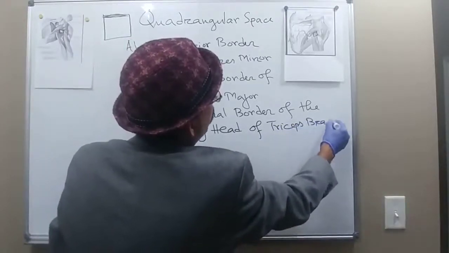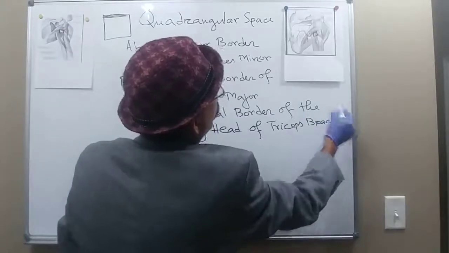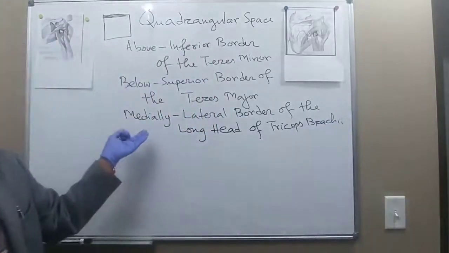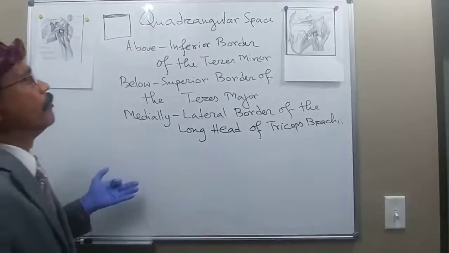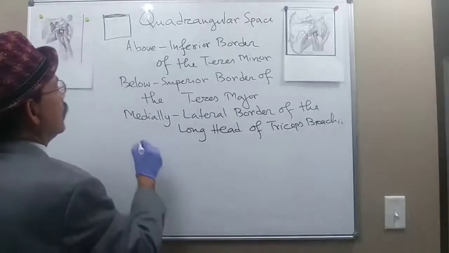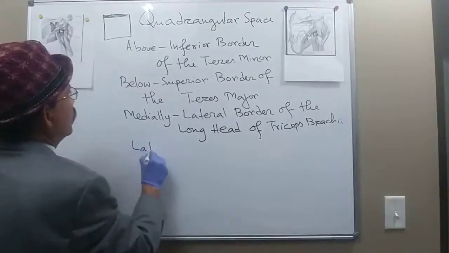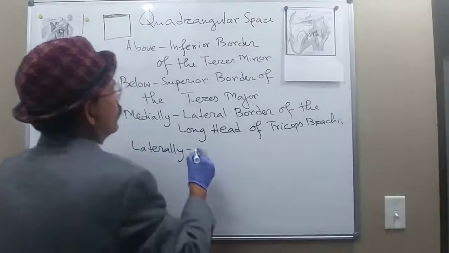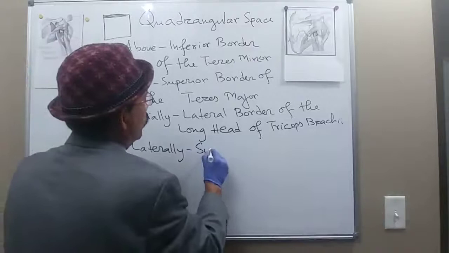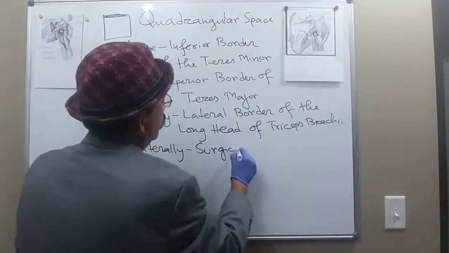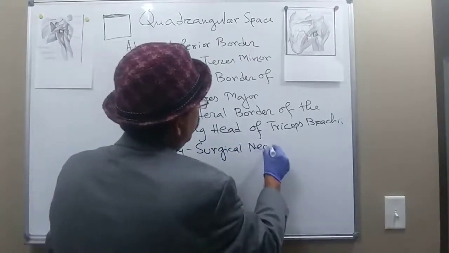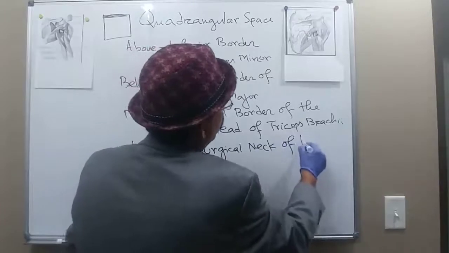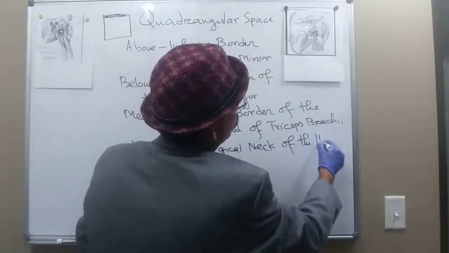Okay, we got the medial boundary. How about the lateral boundary? Laterally, it is bounded by the surgical neck of the humerus.